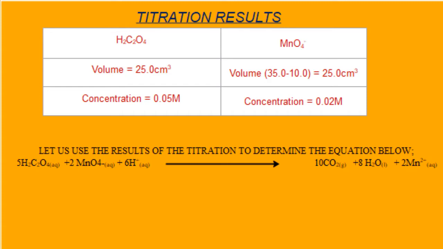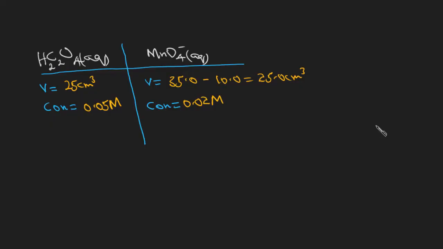So the equation that we are focusing on in this experiment is the reaction between the two substances. To go through this, we are going to get the number of moles of oxalic acid which have reacted, and later we calculate the number of moles of manganate(VII) which have reacted. We get the mole ratio.